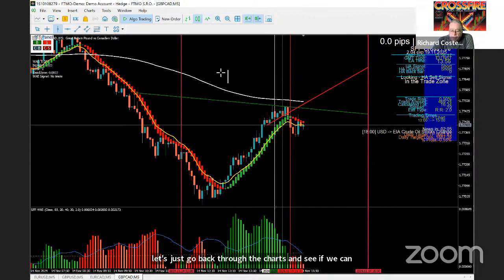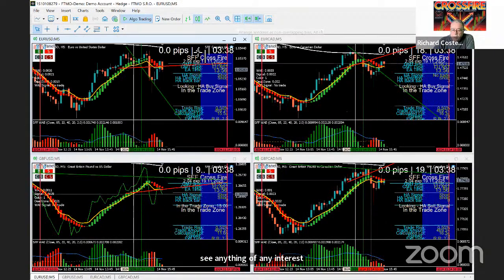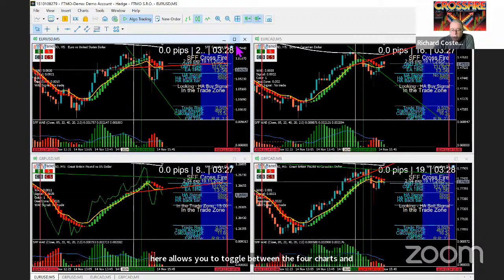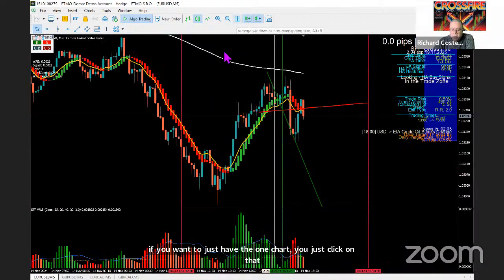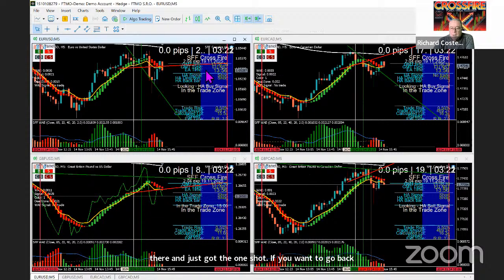This icon here allows you to toggle between the 4 charts, so if you want to just have the one chart, you just click on that there and you've just got the one chart. If you want to go back to the 4 charts, click on there.